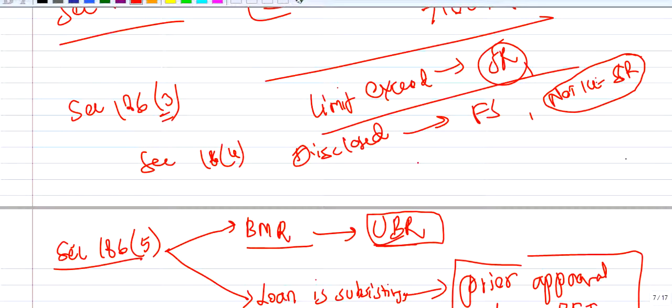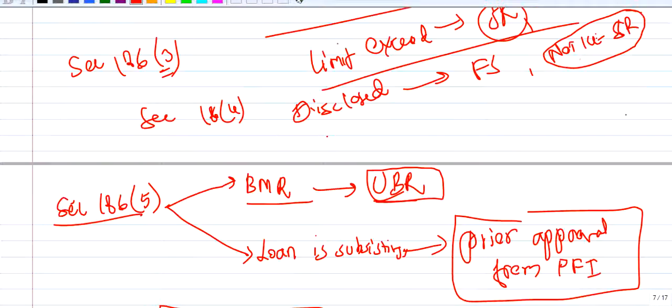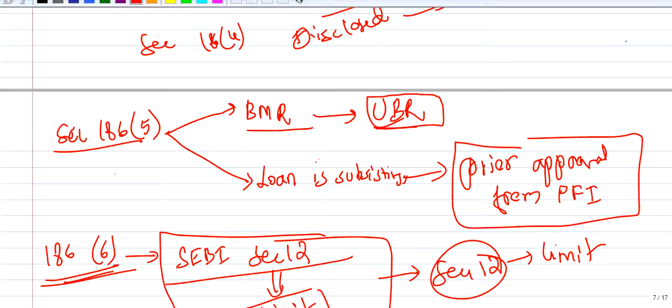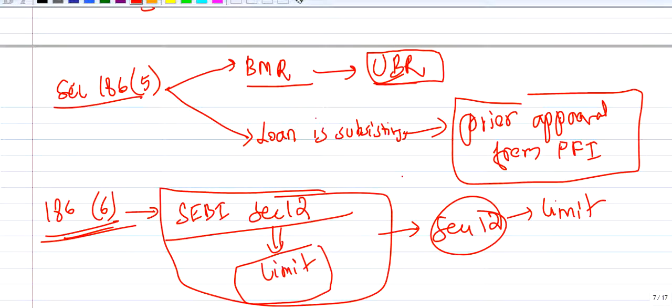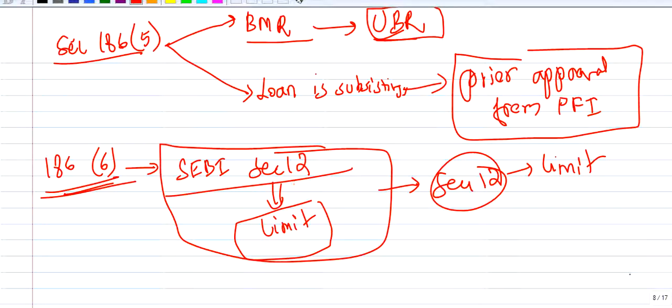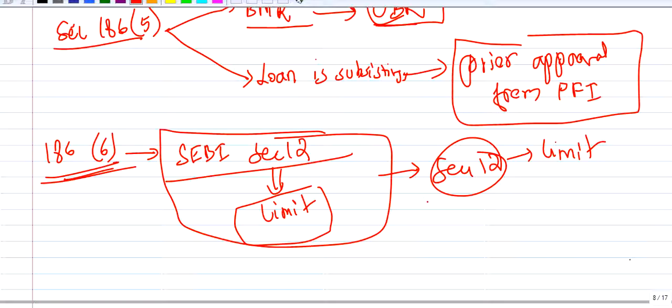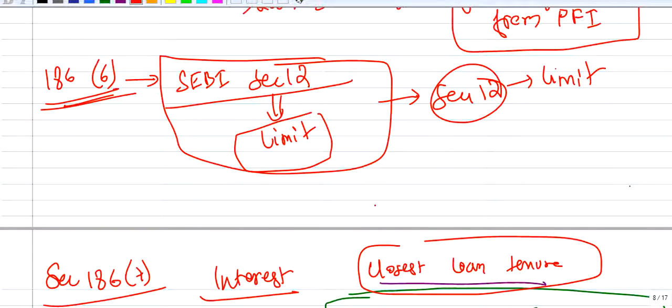Subsection 4, disclosure, and then in the notice also special resolution information is required. Then subsection 5, board resolution, unanimous board resolution. Then if a loan is subsisting, prior approval from the PFI. Subsection 6, in case of a company registered under section 12 of the SEBI Act, then the limit is specified.